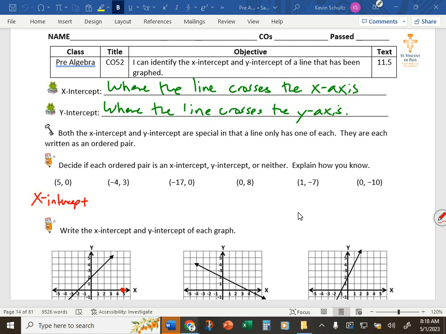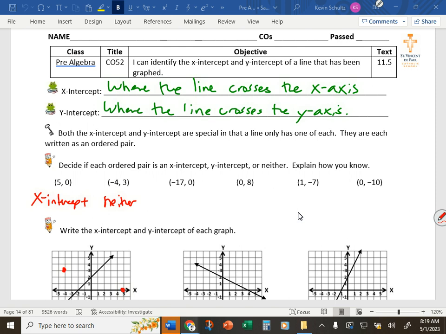Scarlett. On the y-axis? It's not going to be on the y-axis. (-4, 3), if we were to plot it down here, no, that's someplace else. That's out in space, right? It's not on one of the axes. It's someplace else. So we're going to say it's neither an x-intercept nor a y-intercept.